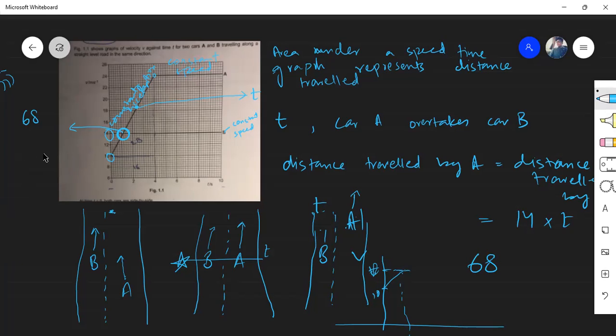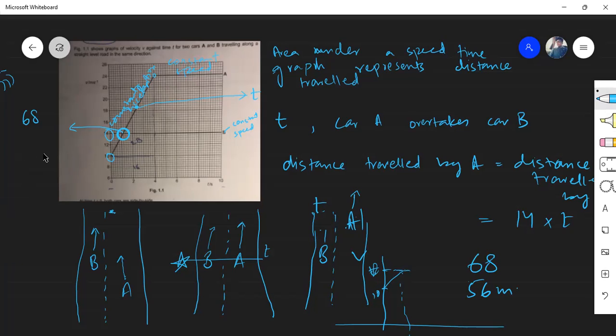So I'm right about that, but the thing is that for the first 4 seconds, the car B travels only 56 meters.